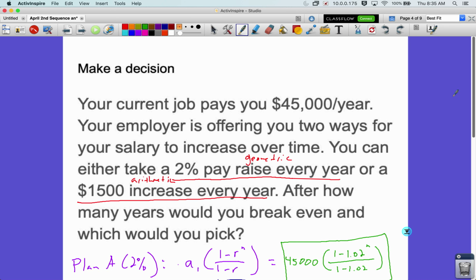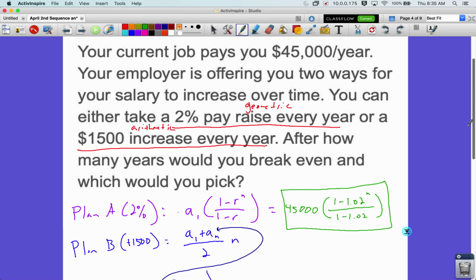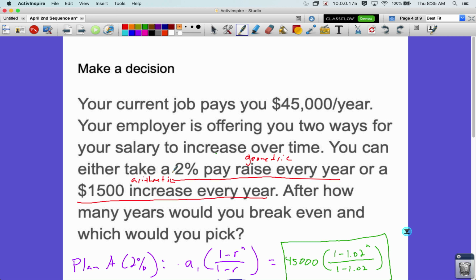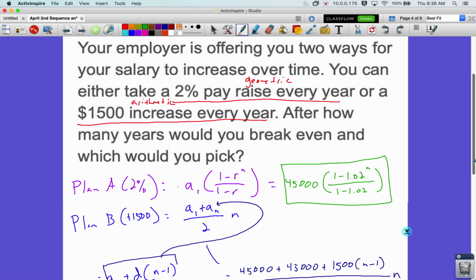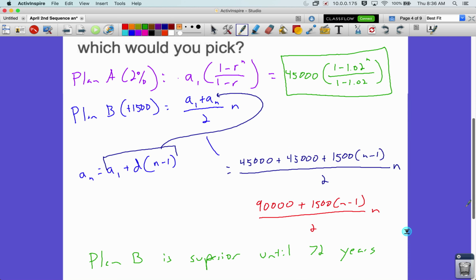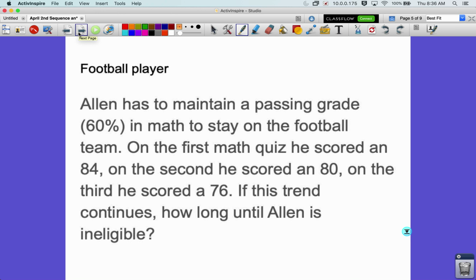You're never going to work a job for 72 years. So even though this 2% will eventually catch up to this 1,500 a year increase, it takes a really long time. And all that money that you made in previous years is really what's adding up and making Plan B superior here. Okay, that was a long problem.